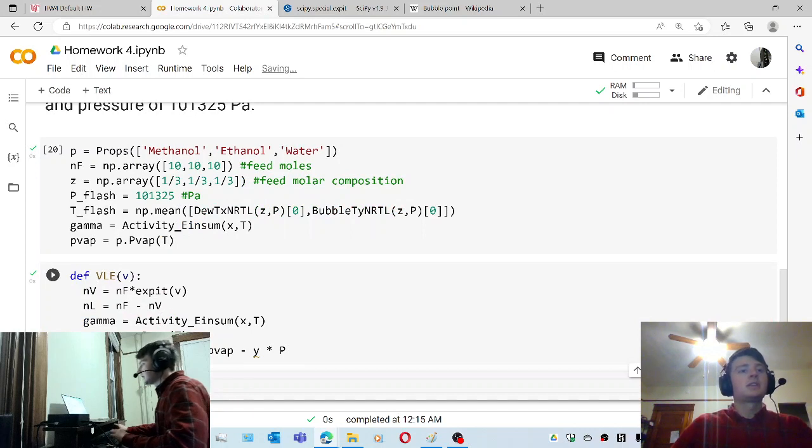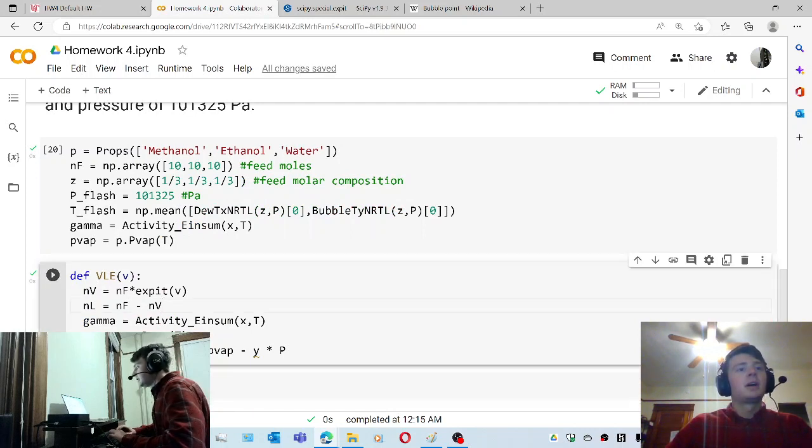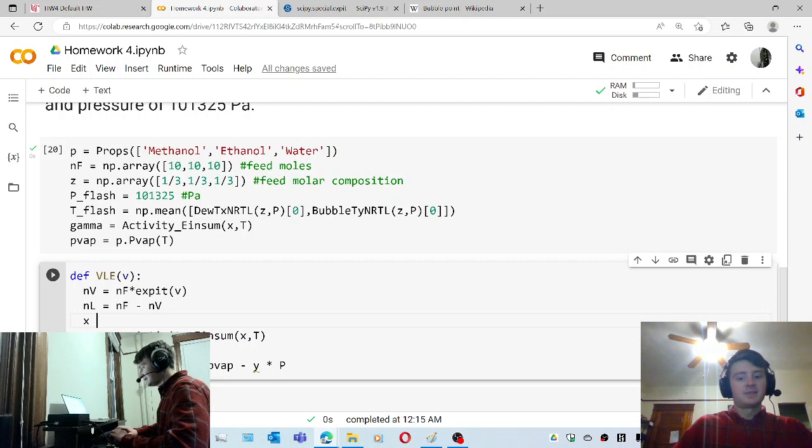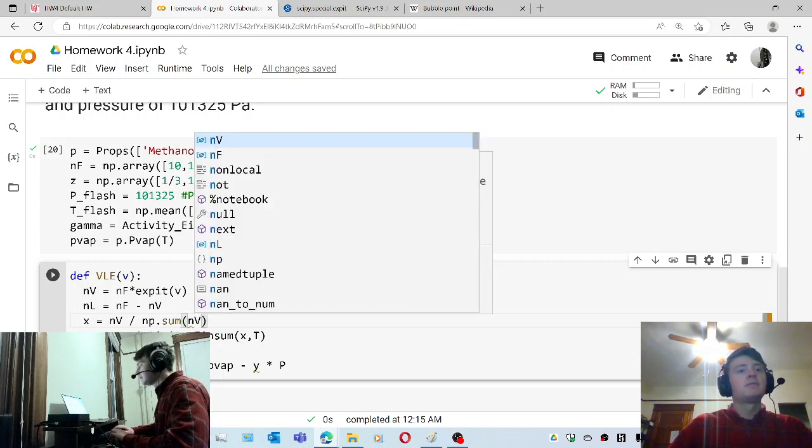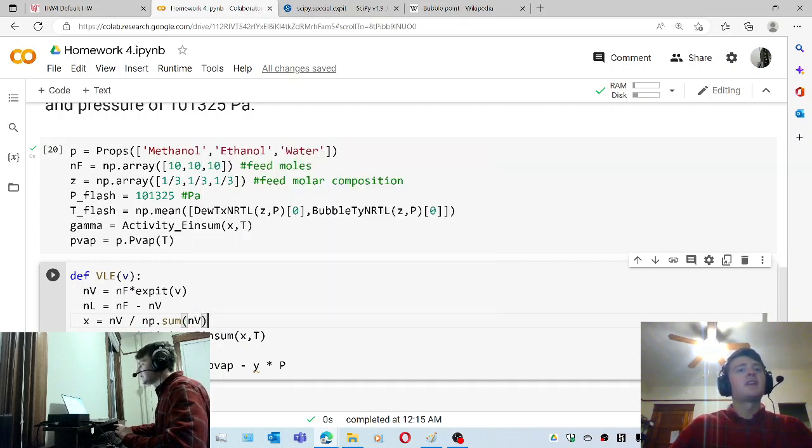So sweet, I ran that, I didn't mean to. Because I still need to somehow flesh out what x and y are. Well, you can find x is just going to be the number of moles in the vapor phase divided by the sum of all of the components in the vapor phase.